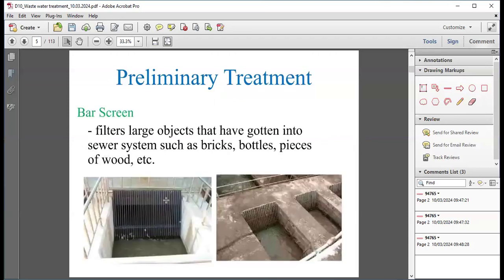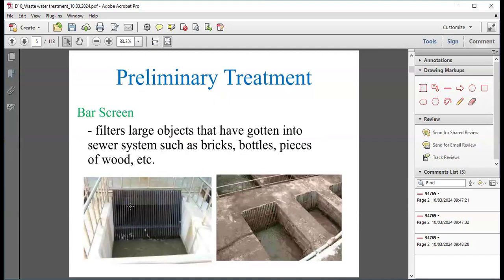Then preliminary treatment, this is the arrangement. It filters large objects that have gotten into the sewage system, such as bricks, bottles, pieces of wood, etc. This is the preliminary system.